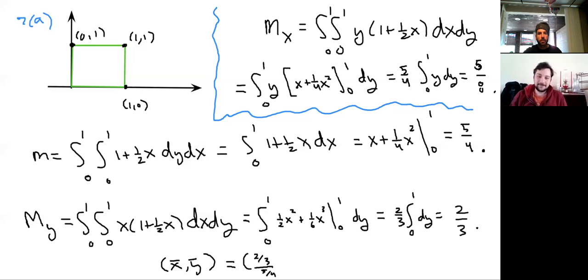Let's not squeeze it in there like this. I got a better idea. We'll remember this is m sub y over m, comma, m sub x over m. Let's just do the arithmetic in our head. So what's 2/3 divided by 5/4? That's the same as 2/3 times 4/5. So you get 8 over 15.